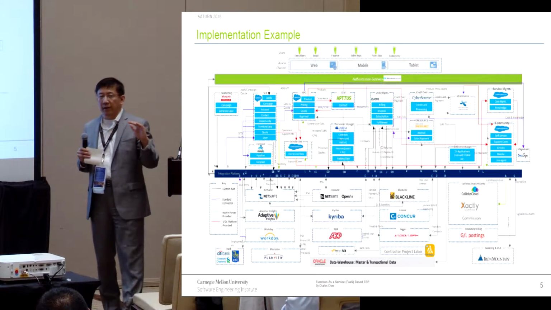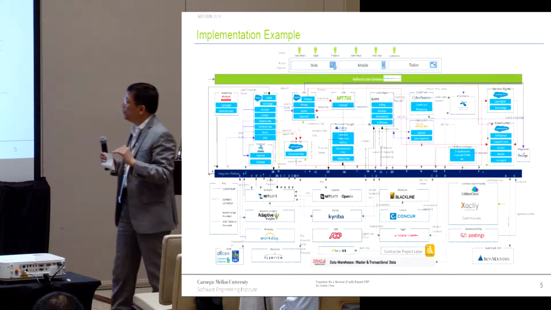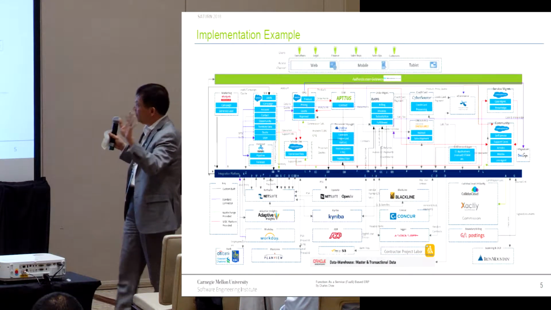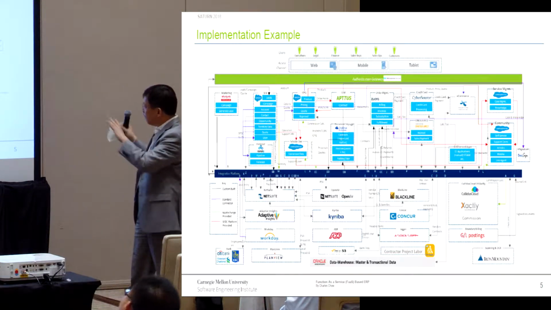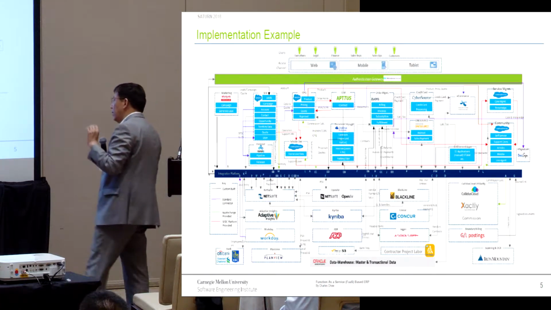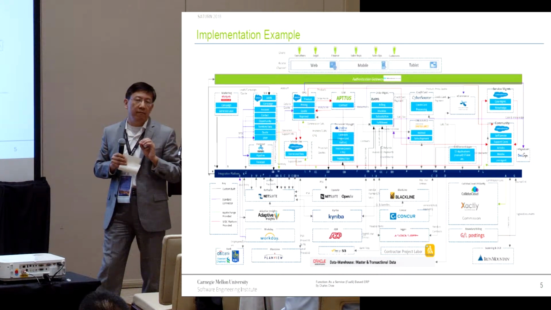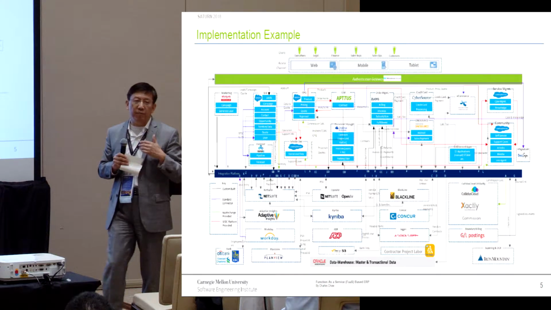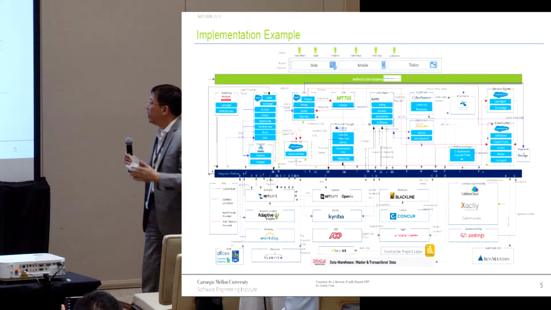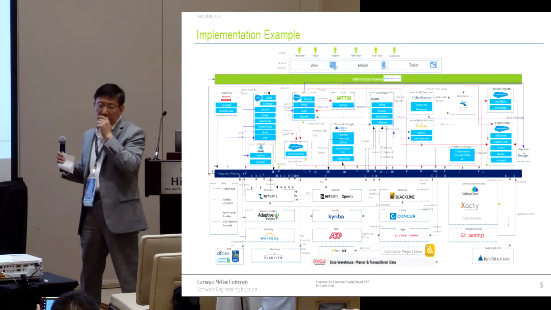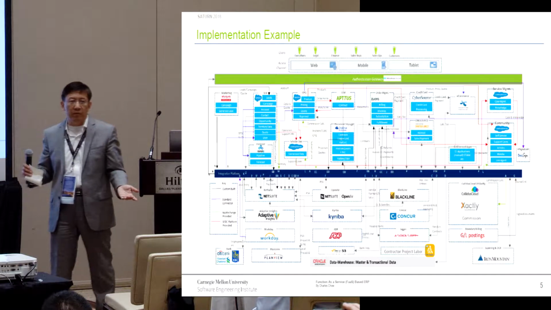So now get down to the level of details, okay? This is the implementation we did. I take out all the client's names, but if you look at this one, you have more than 25 SaaS vendors, okay? Each one has the majority of functions, right? Almost everything you can survive on. And how you put them together, you can use a cloud integration platform.